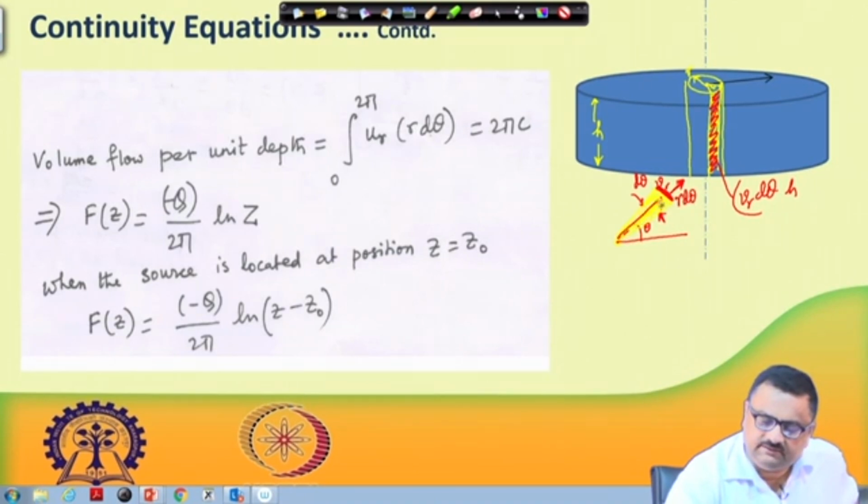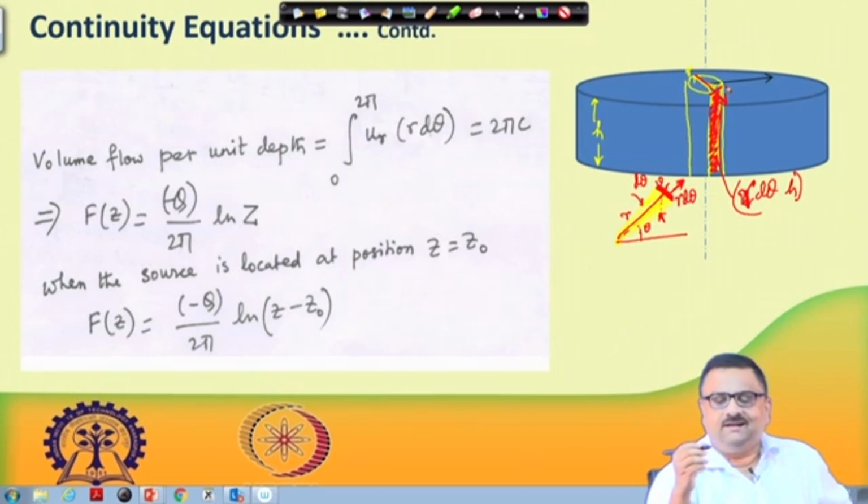This distance is r, this angle is d theta, this is theta, and this is theta plus d theta, so the difference is d theta. So, the length of this arc is r d theta, and multiplied by h, this gives you the area over which this V r is acting.